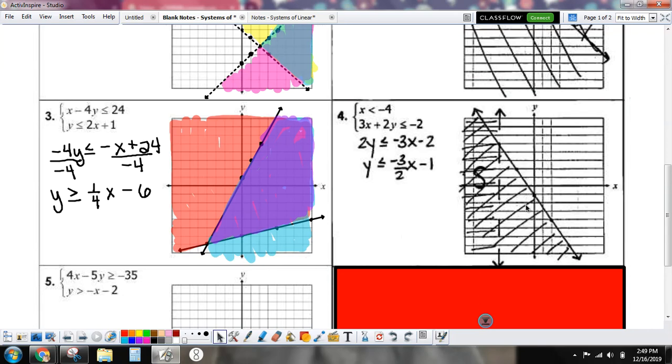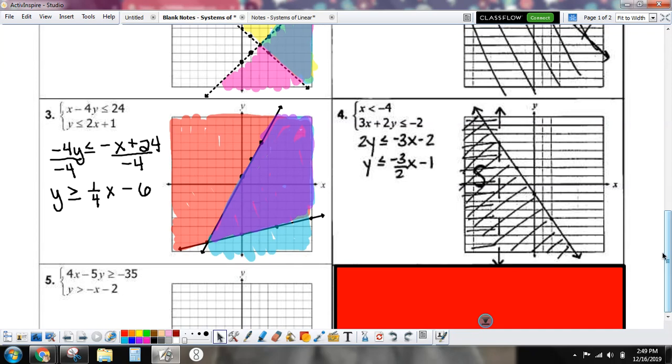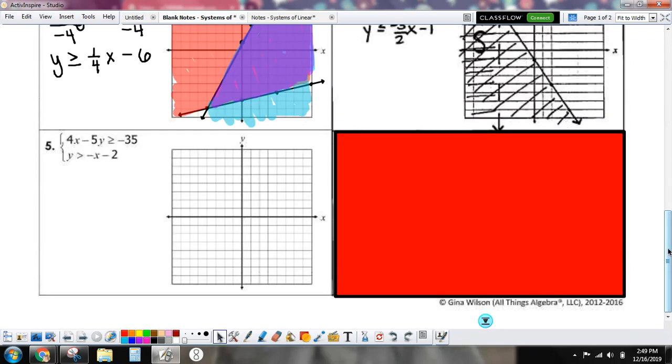For 4, your solution should look like this. Remember, when you have this, it's not just a dot on -4, you're drawing an entire line. Number 5. Okay, so this one. Same idea, we have to switch this from standard form to slope intercept.